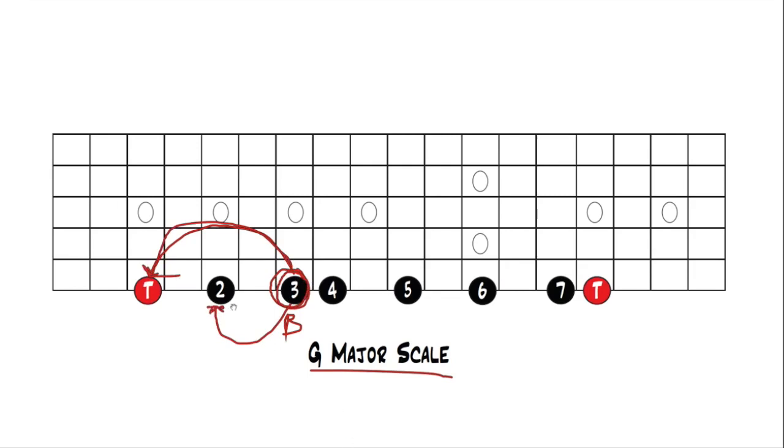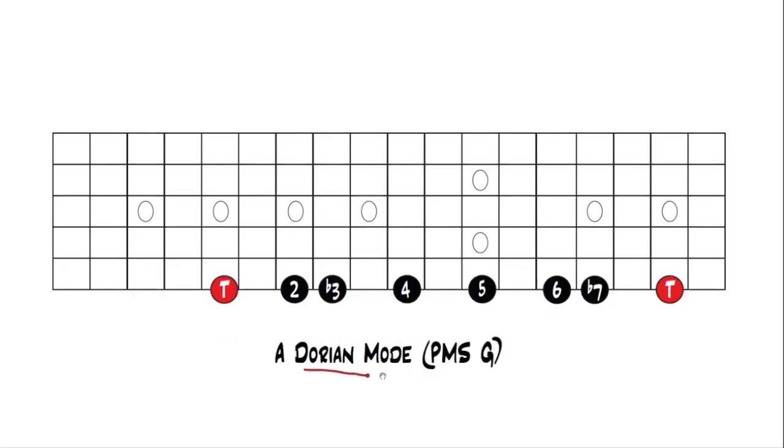So when I make the second note of the major scale my tonic, all these intervals are now relating back to the second note instead of back to the first note of the G major scale. So now for the Dorian mode, this second note is now a major second compared to the new tonic, when before it was a major third compared to the tonic of the major scale or the Ionian mode. The third note is now a minor third instead of a perfect fourth compared to the major scale.